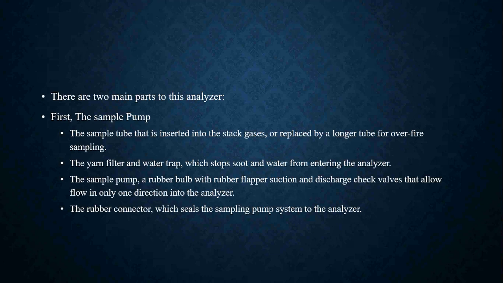There are two main parts to this one test that we do. The first part is the pump, okay? And that pump has a sample tube that is inserted into the stack or replaced by a larger tube for over-the-fire sampling.